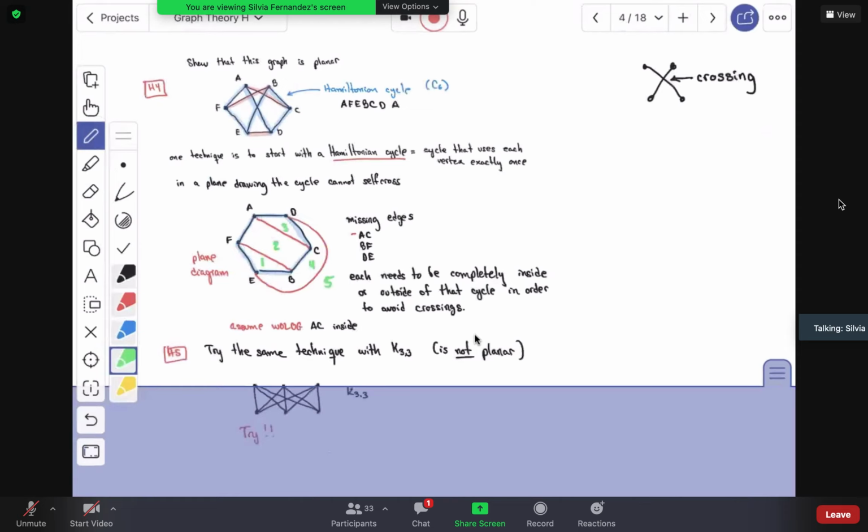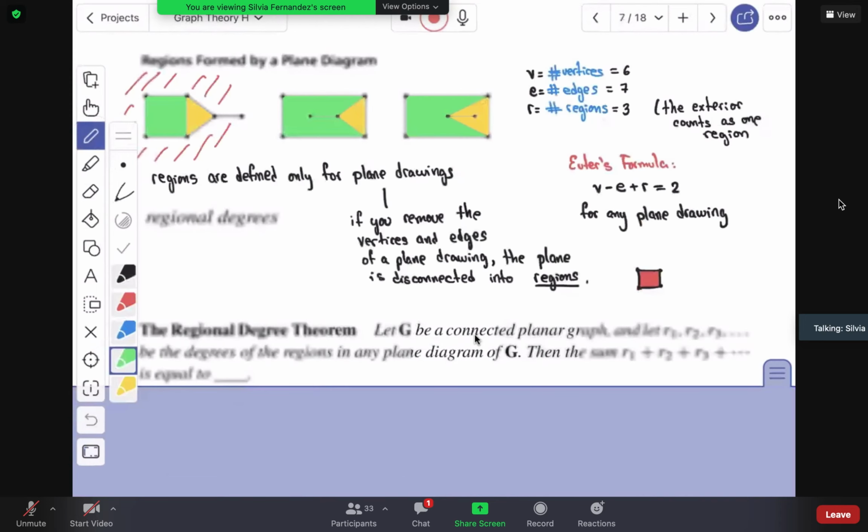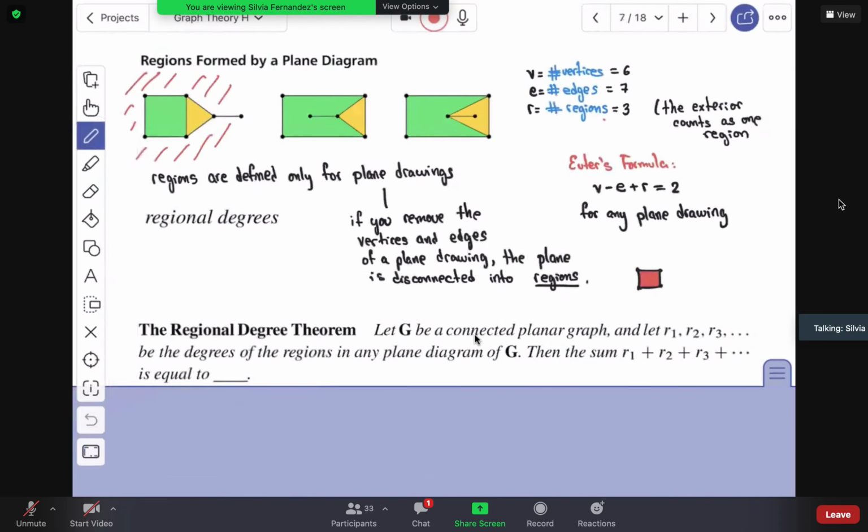Okay. So let's go. You'll get a little bit more familiar with it, but that's what it is. Those are the regions, okay? And so Euler's formula always gives you that magic number 2. This number changes if you were to draw these graphs in a different surface.